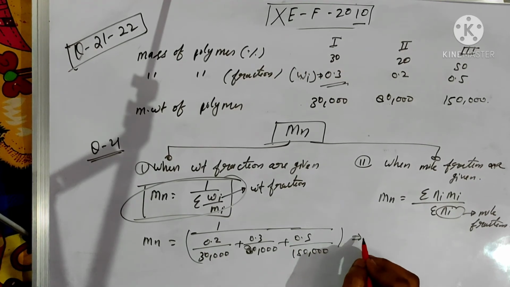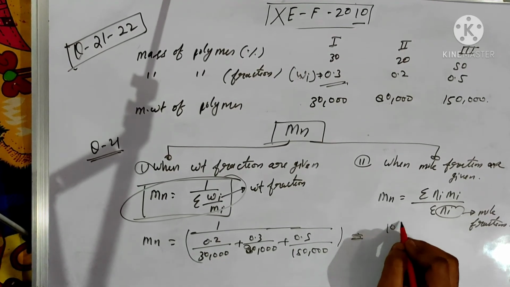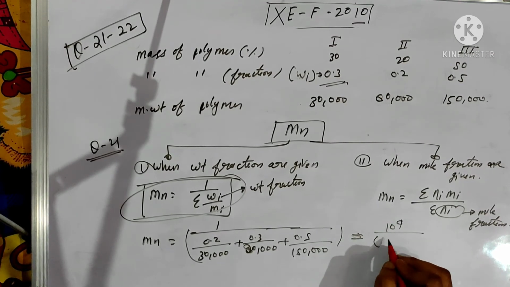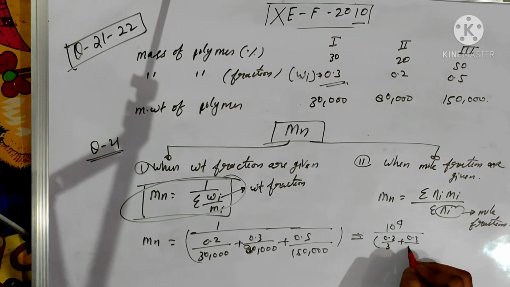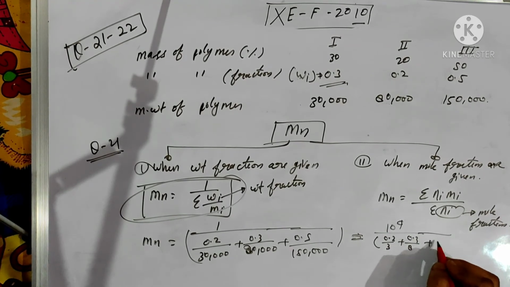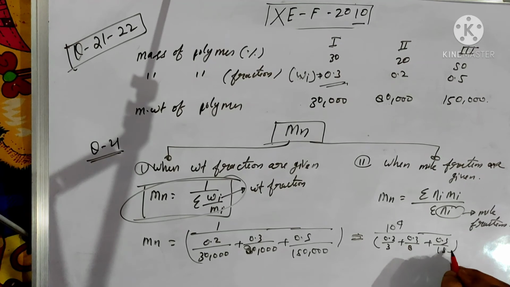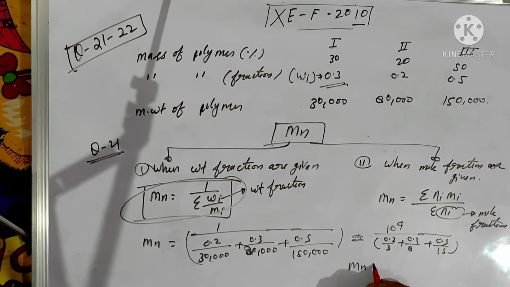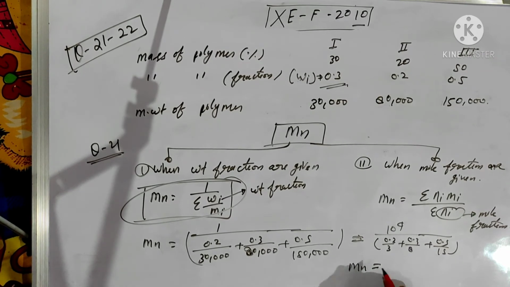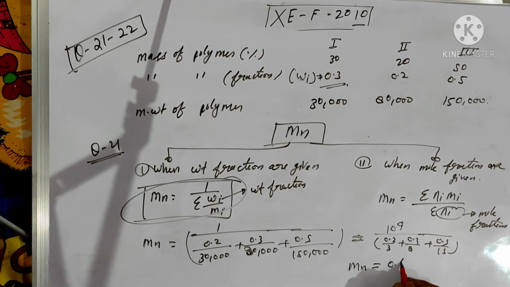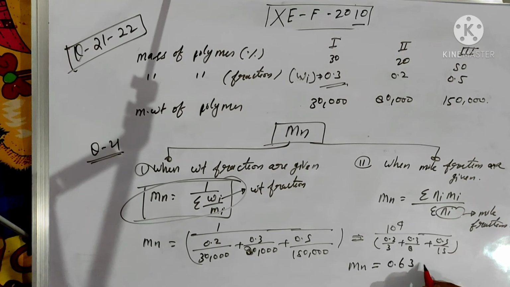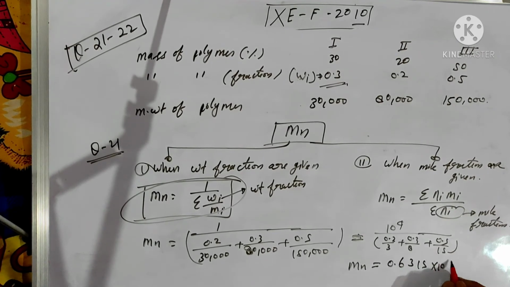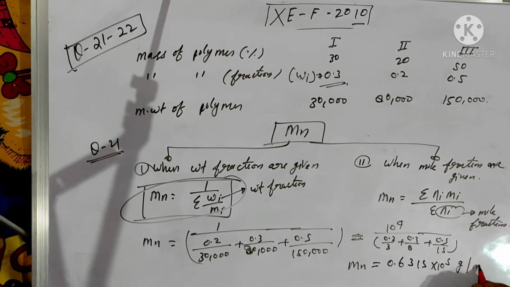Then this is equal to 10 power 4 divided by 0.2 divided by 3 plus 0.3 divided by 8 plus 0.5 divided by 15. Then after the calculation, you get Mn is equal to 0.6315 into 10 power 5 gram per mole.